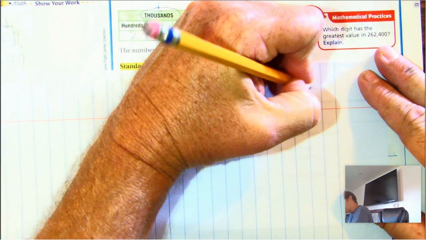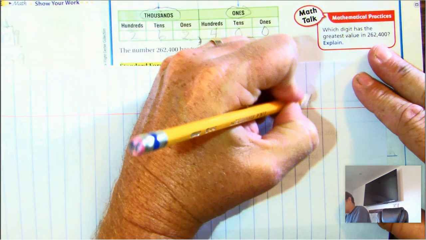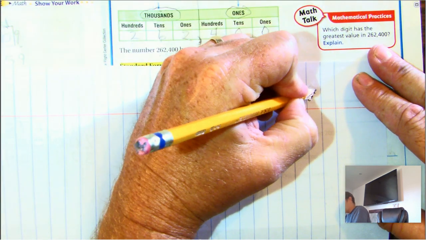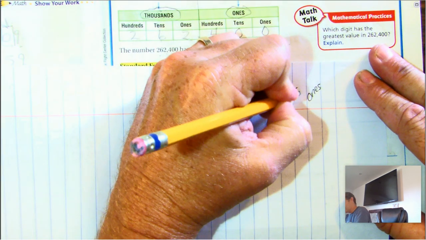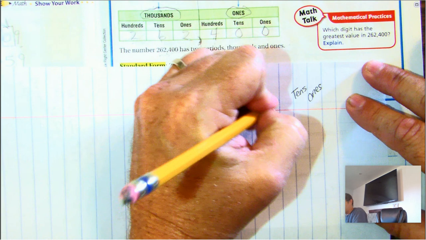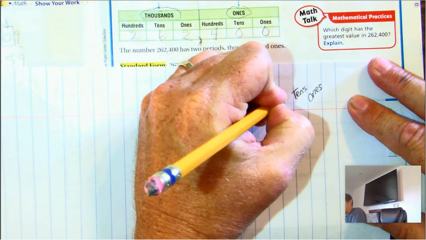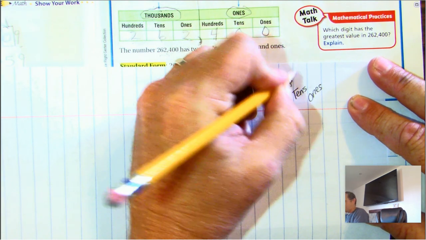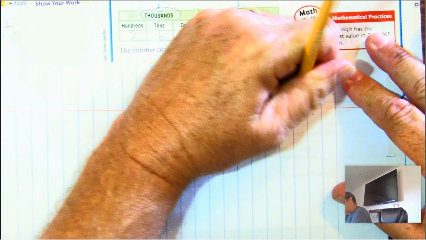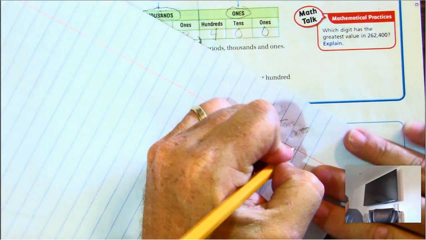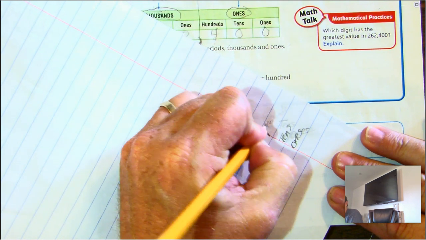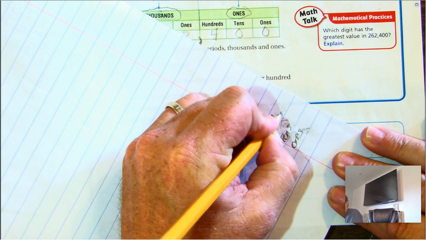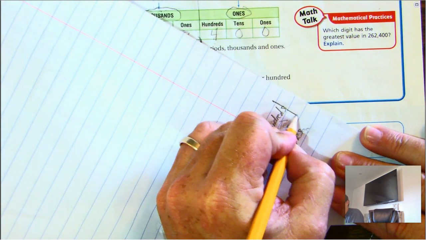So I want you to write ones, tens, hundreds. It might be easier for you just to go ahead and write it sideways. So let's do that. Ones, tens, hundreds, and draw a line above that.